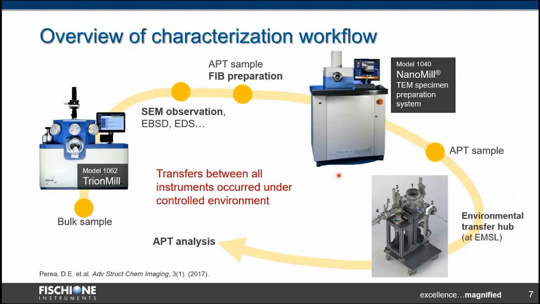So here we have our full-scale characterization workflow done at NanoMill. You can see here that we can go from bulk sample preparation and SEM characterization like EBSD and EDS, through the FIB sample preparation of the APT sample, to APT analysis, without exposure of the studied material to air atmosphere.